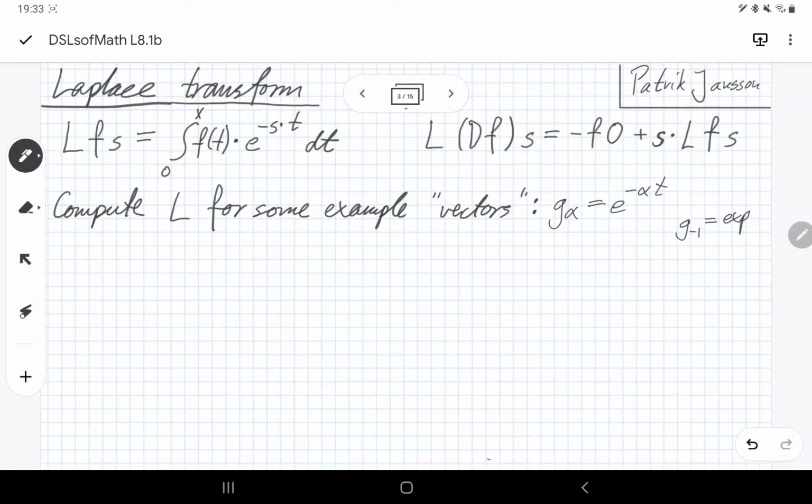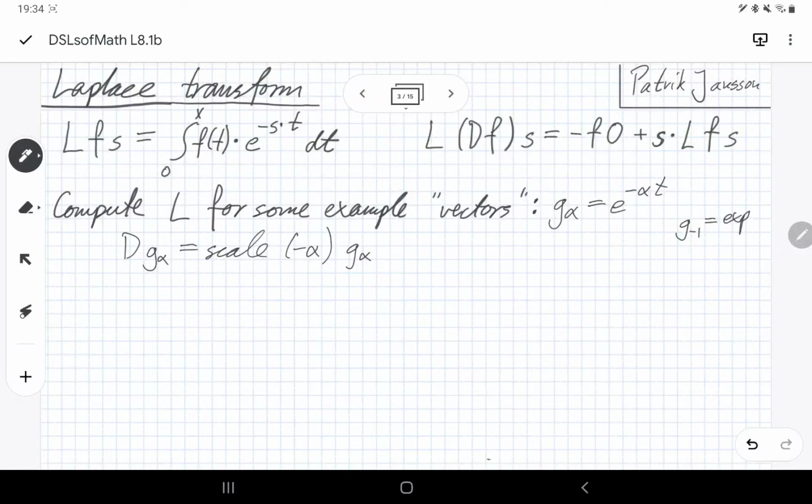So first, to use the LD law, which we have copied up here, we have to have an ODE specification of G alpha. But we computed one already earlier. We know that G alpha's derivative is the scaling by minus alpha of G alpha.